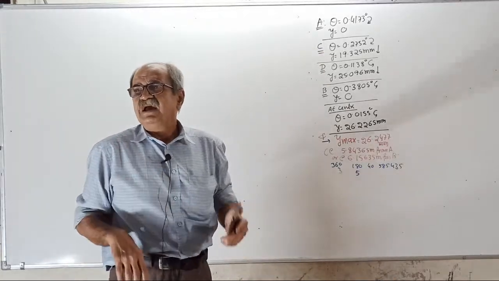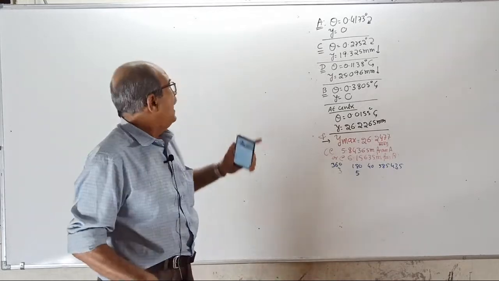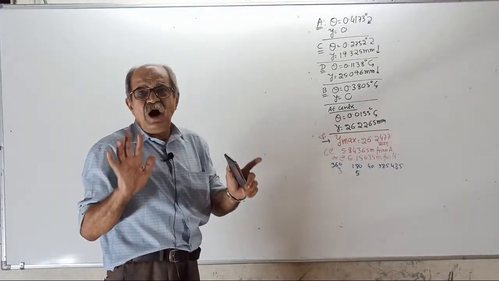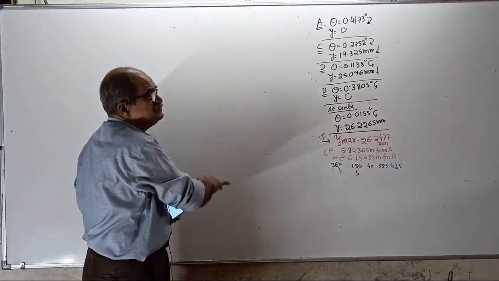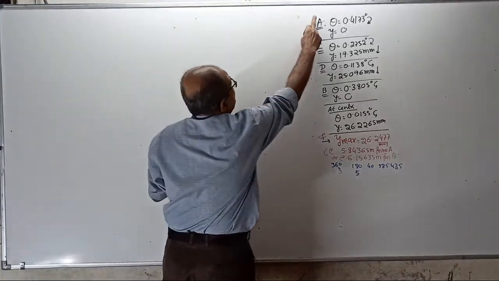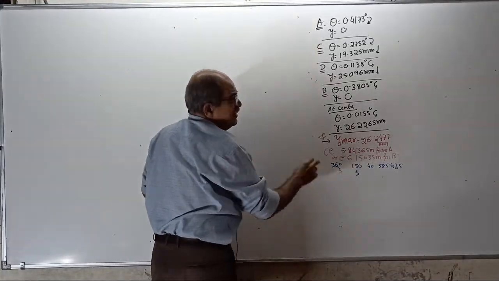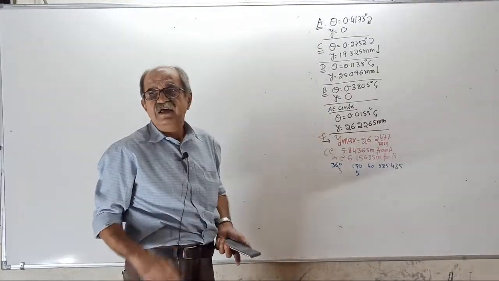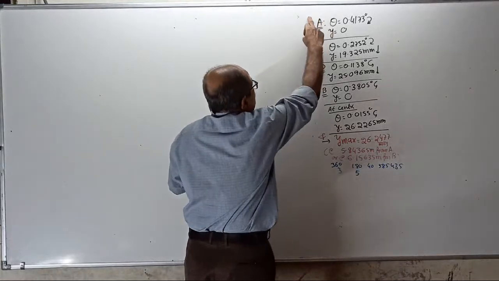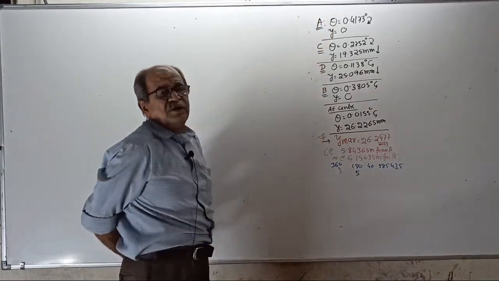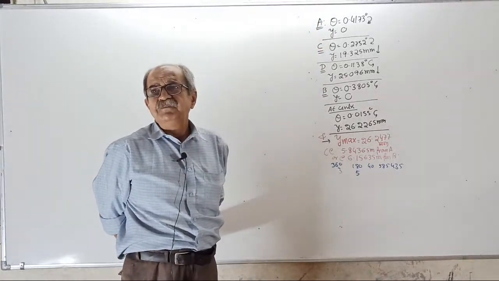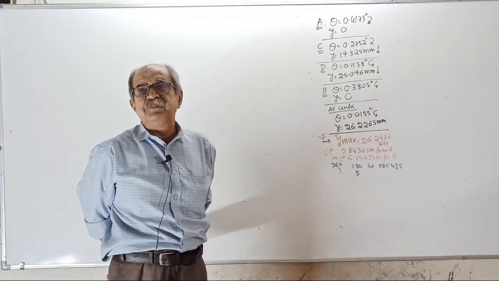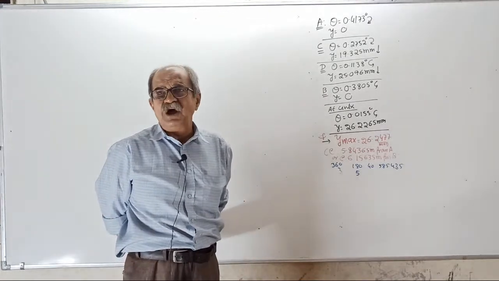Today's class, I told them, you correctly observe only the first part. See, I wrote the result here, all the results, before rubbing the board. In the software, how does this come? Because in RCC design, you design for bending moment and shear force, and if required for torsion.